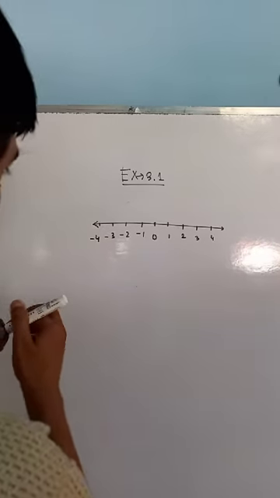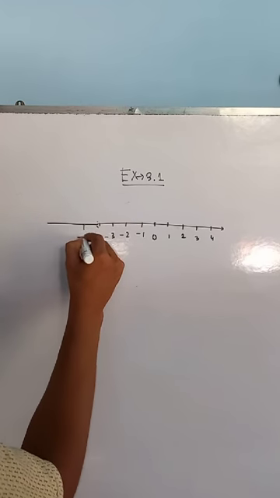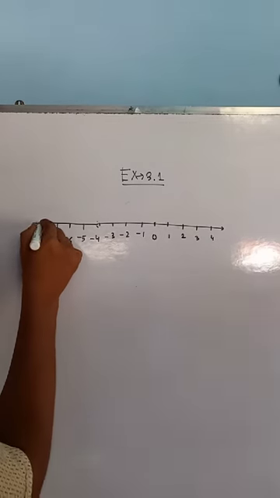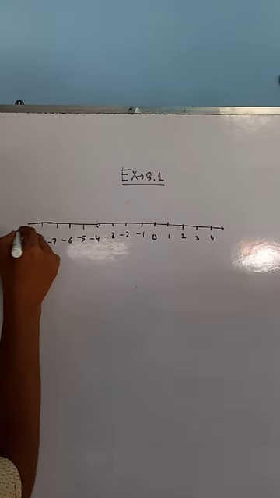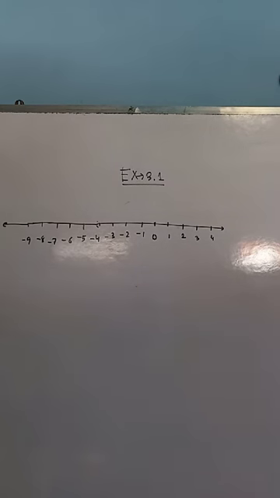Suppose this is the number line. If I draw more than this, minus 5, minus 6, minus 7, minus 8, minus 9, in this way.